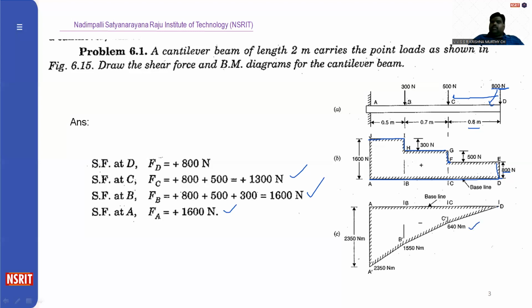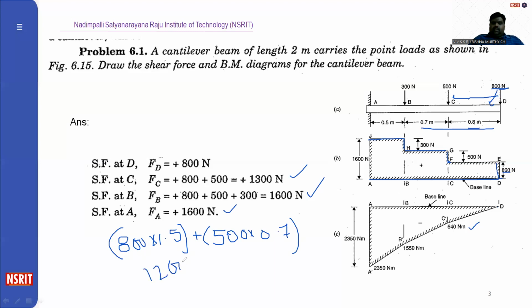When you go with the bending moment at B, it is 800 into 1.5 plus 500 into 0.7. So roughly this will be 1200 plus 350.